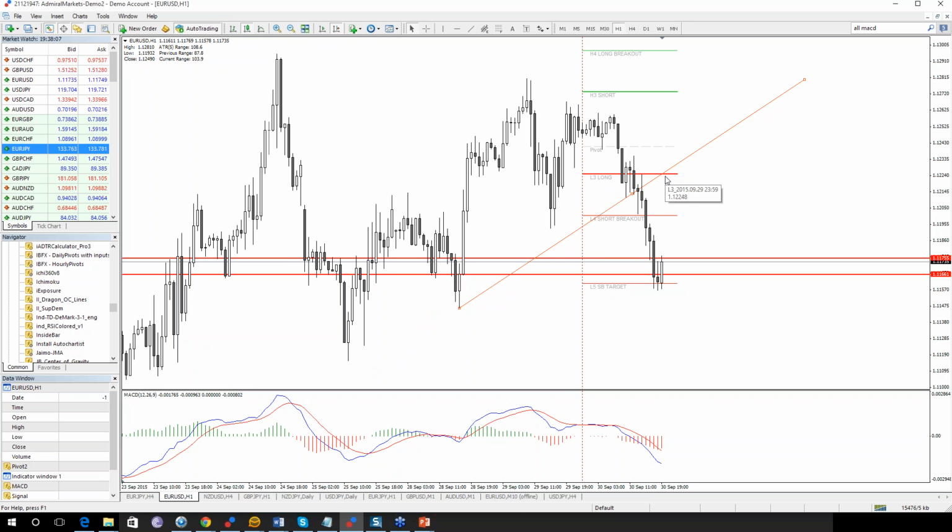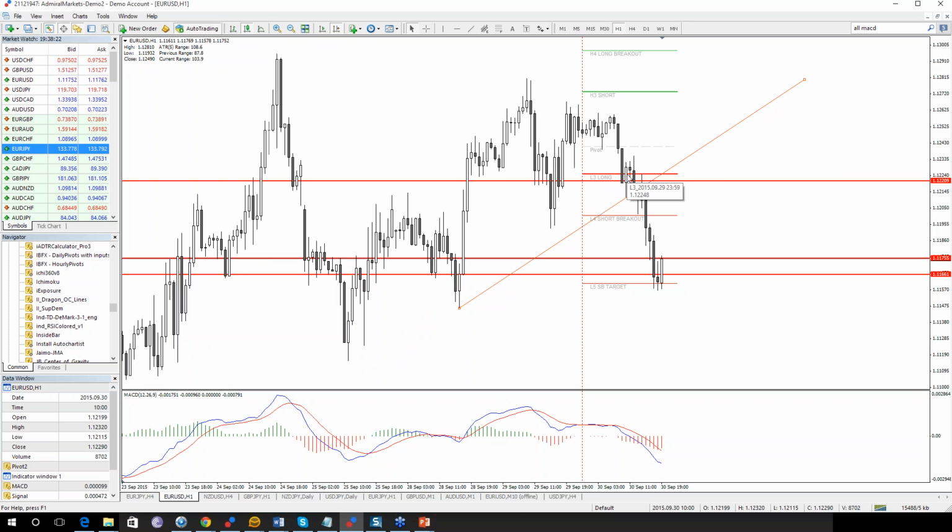This is the X cross here, and we expect this zone to reject the price. So actually this now is the zone where we can also look for short entries, and it proved itself in the past. I told you to watch for 12:30, and that is happening here. You see how the price has rejected from the zone.